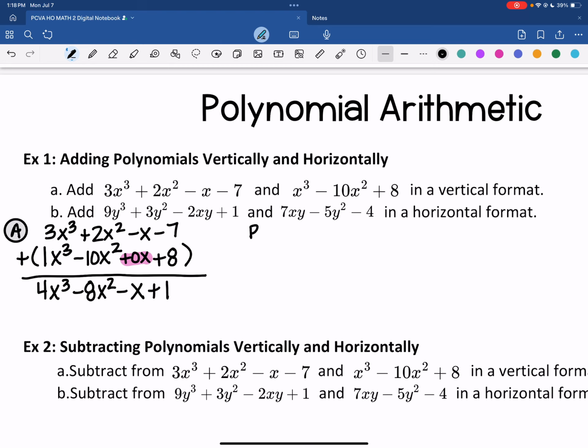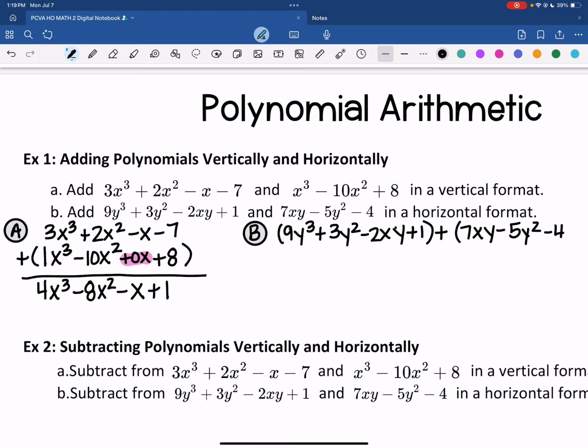Now for the second one, they want us to do it horizontally, which just means that we're going to look at what is like terms and combine those together. If I rewrite this horizontally, it's basically in the same format that it already is. We're just going to put a plus sign in between, and we're going to look for like terms.